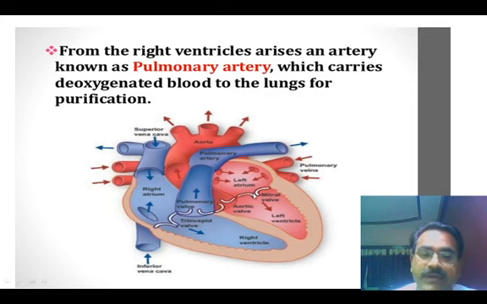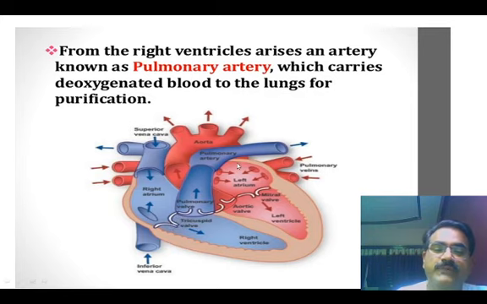The left auriculoventricular aperture is guarded by the bicuspid valves, and the right auriculoventricular aperture is guarded by the tricuspid valves.